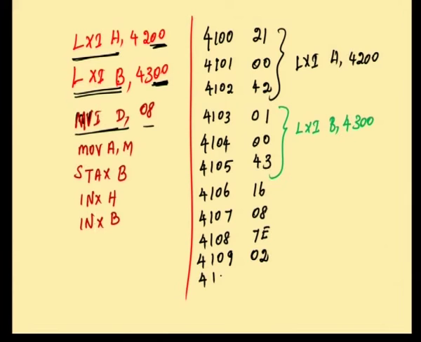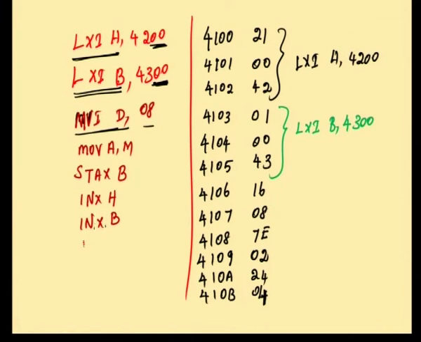So, after 4109 comes not 4110, this is hexadecimal, so we have to write it as 410A. For INX H, the value is 23. For INX B, at 410B, the value is 03.